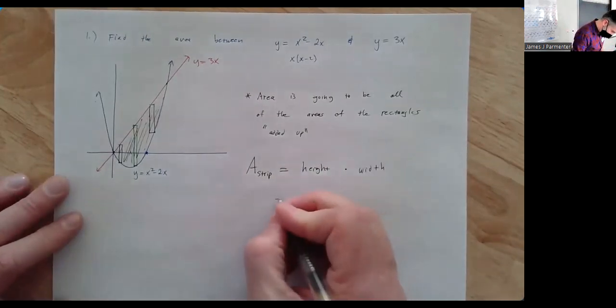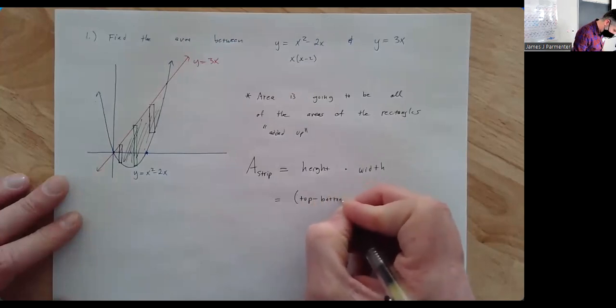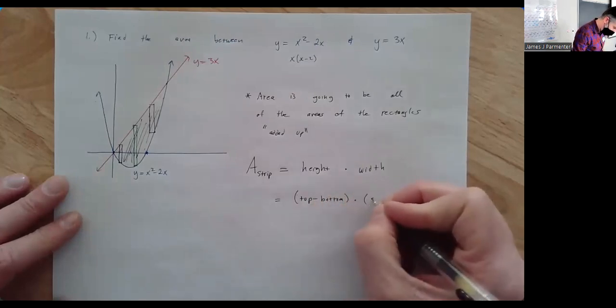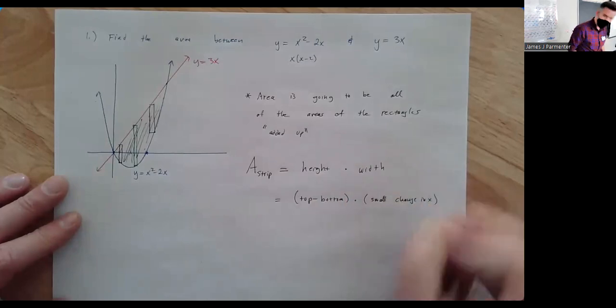So the way I'm going to write this is top minus bottom times a small change in x.